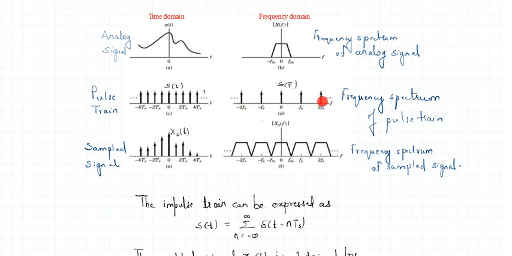Then we have the sampled signal, which is obtained by multiplying the CT signal with the train of impulse. When we look at the spectrum of this sampled signal, the spectrum appears as shown here.